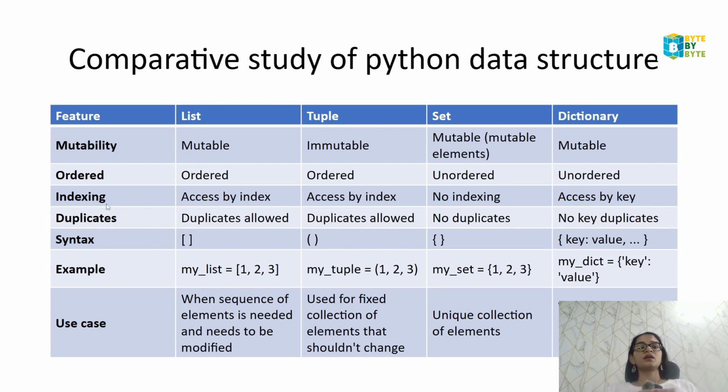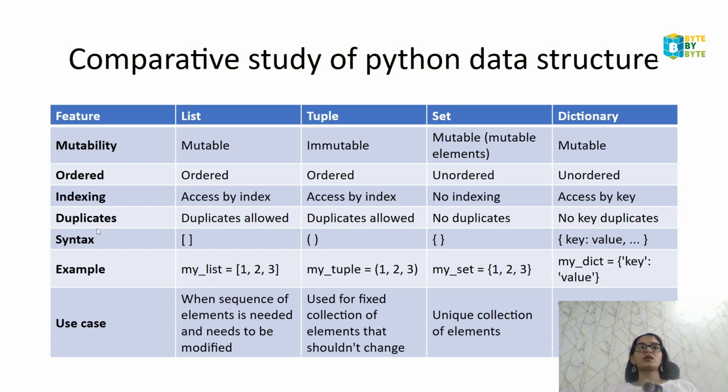A list can be accessed using index, so that's why it is ordered. Your tuple can also be accessed using index, so that's why it is ordered. But your set cannot be accessed, there is no indexing, so this is unordered. In a dictionary, you can access values using key, but your key can be anything as long as it is unique. So that's why it is called an unordered data structure.